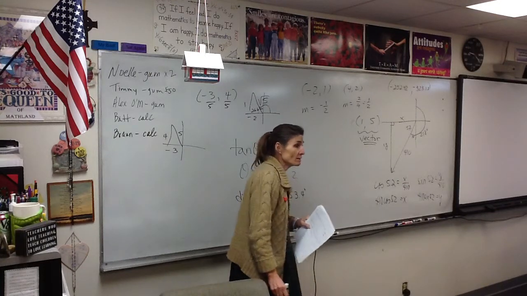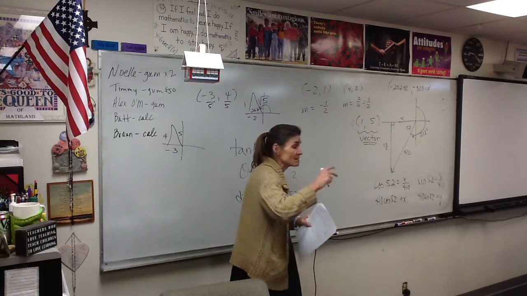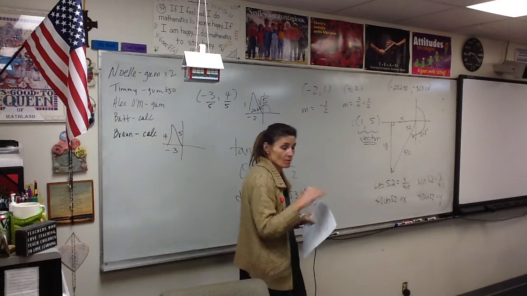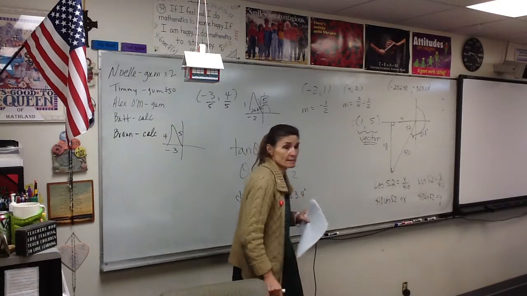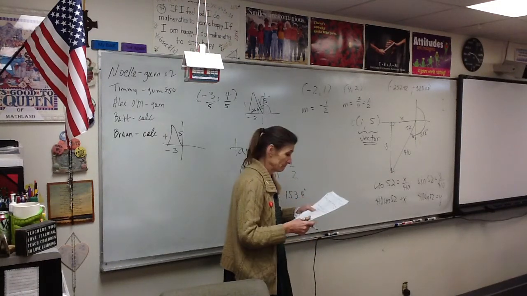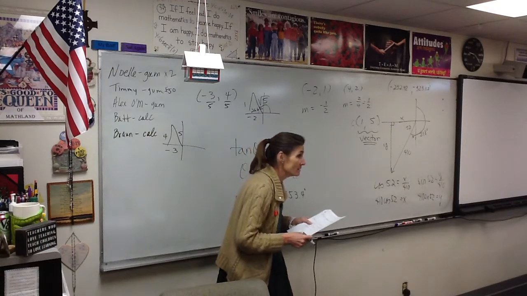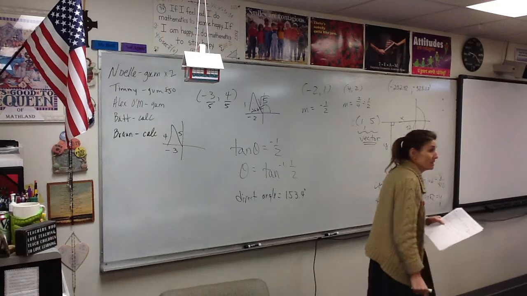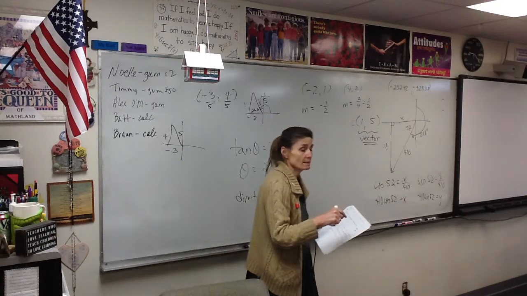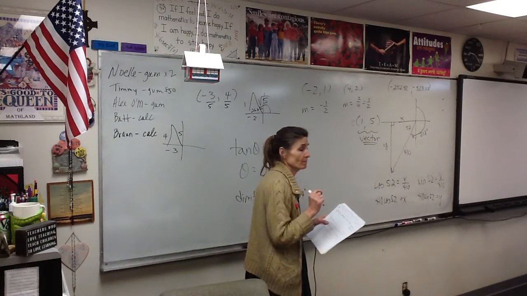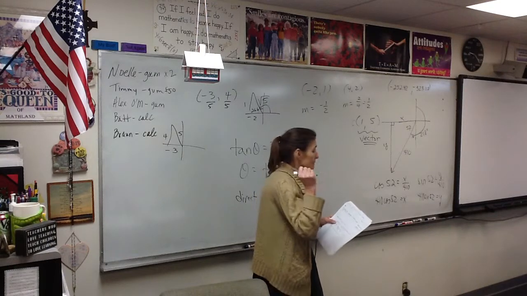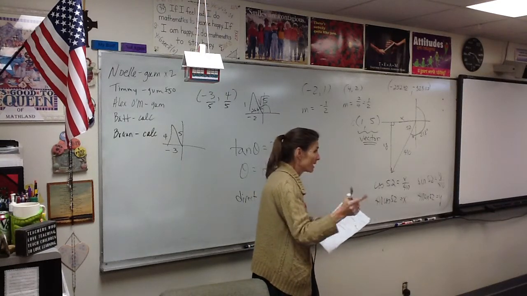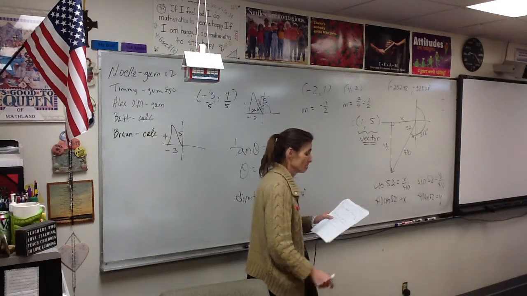To be orthogonal, they need to be opposite reciprocals. They're not. So therefore, this is a neither. Why? Because the slopes aren't the same and they're not opposite reciprocals. Remember, no credit unless you answer the question. Why? Not same, not opposite reciprocals.